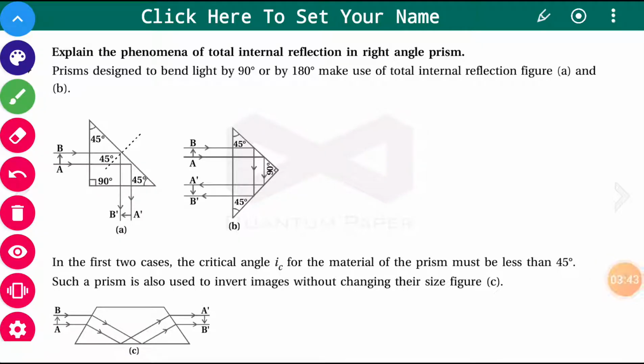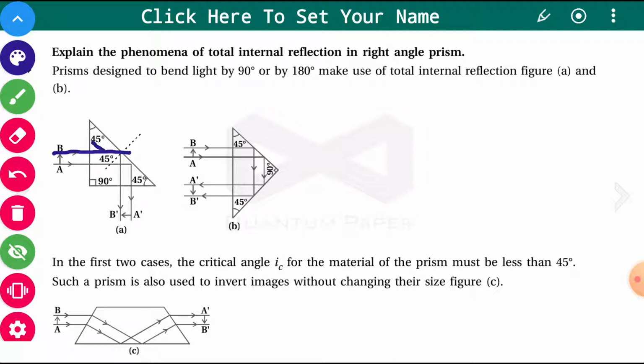Now we talk about the phenomenon of total internal reflection in a right angle prism. See, this is the right angle prism. One angle is 90 degrees, the other two are 45 degrees. Now what happens when the ray of light is incident here?